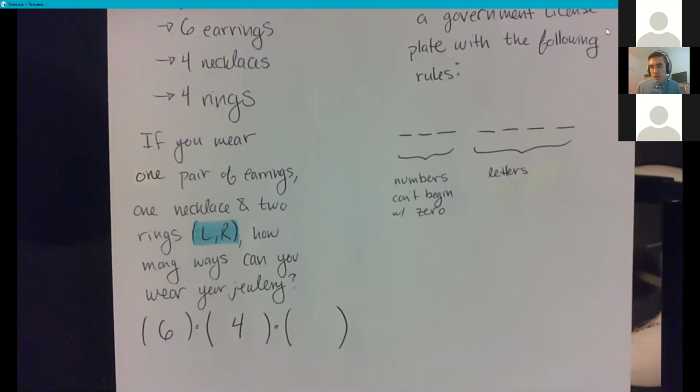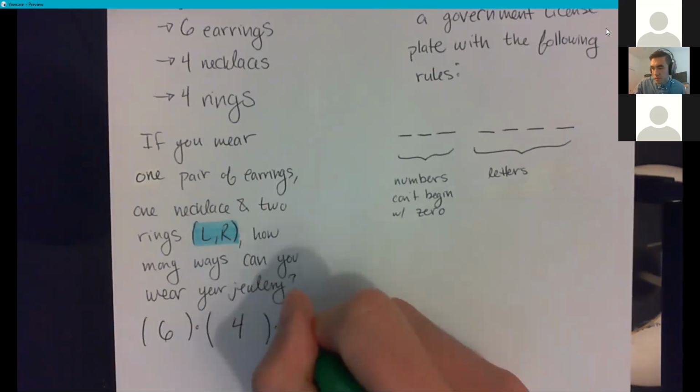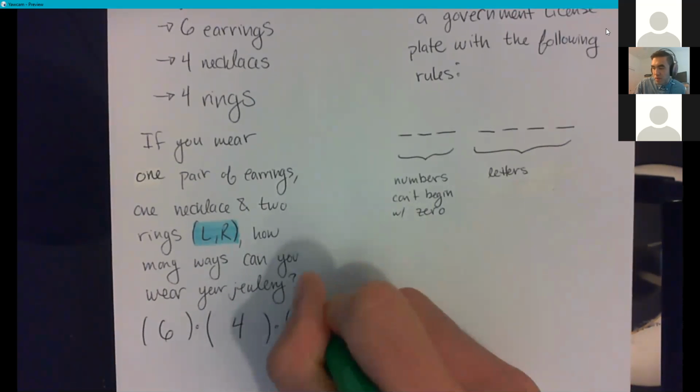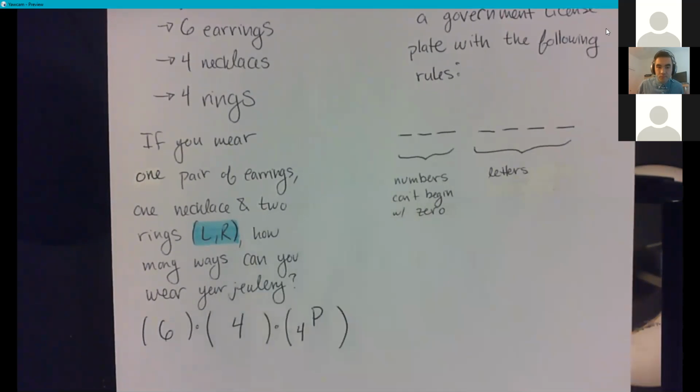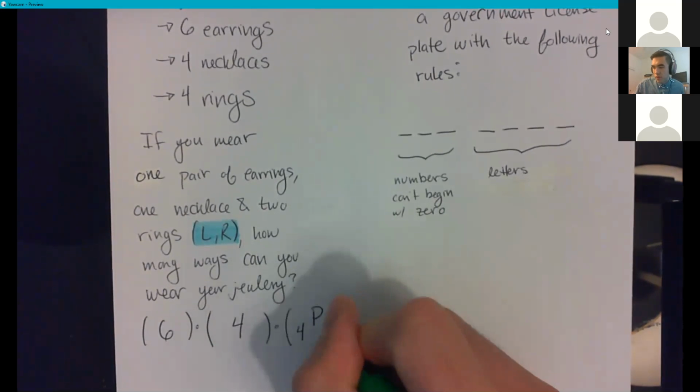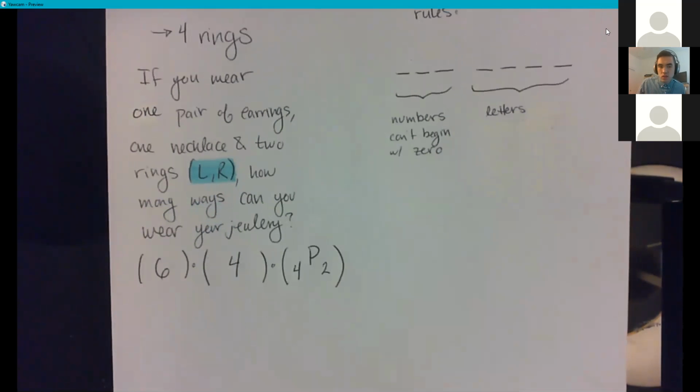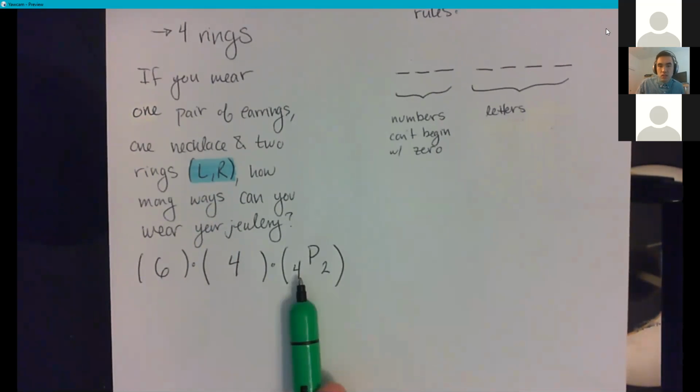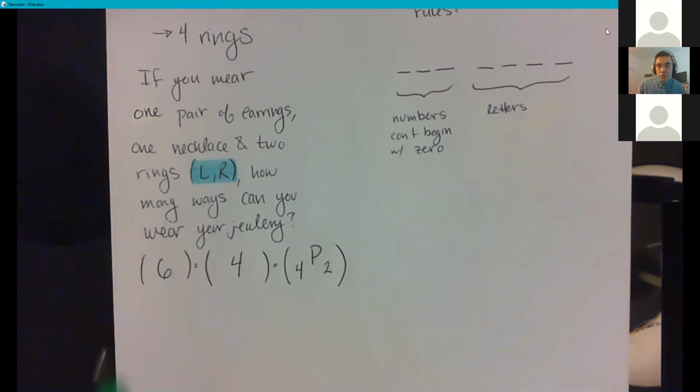So how many rings do I have? 4 rings. And I'm going to permute them and pick how many out of the 4? Well, two out of the 4. Perfect. So this product, this times this times this, will tell me how many different ways I can wear my jewelry. So again, it's kind of a combination of a permutation along with the multiplication principle.